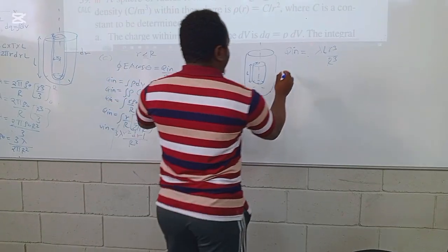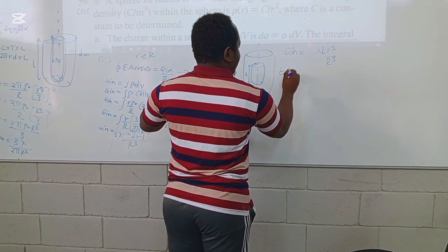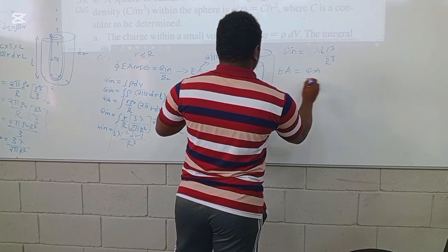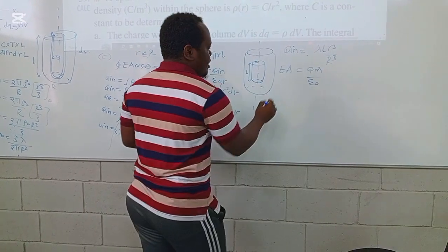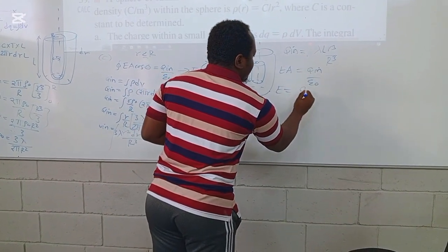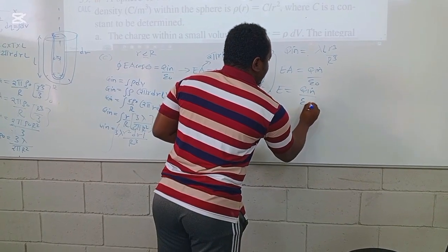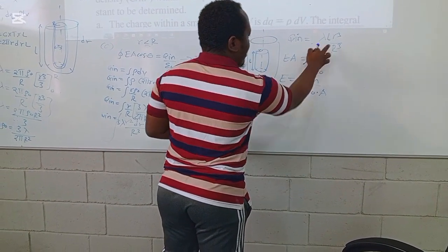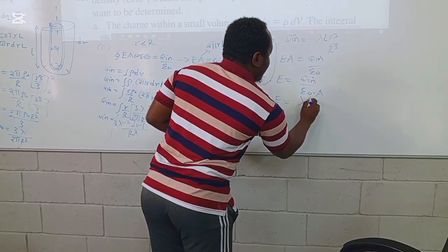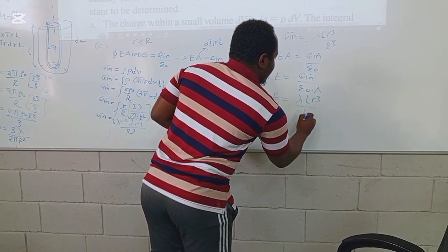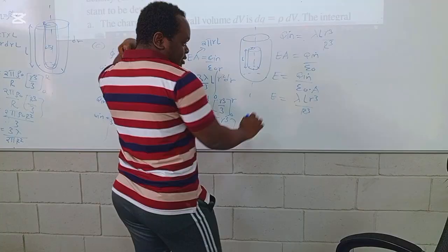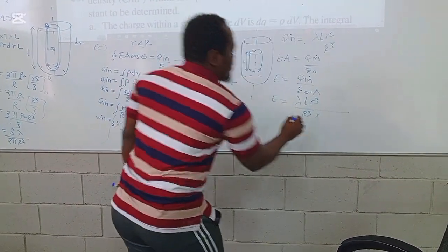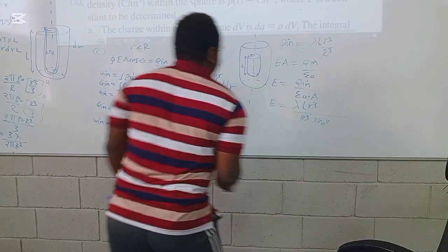From our equation of Gauss's law, electric field times area is equal to Q in divided by epsilon naught. So the electric field is equal to Q in over epsilon naught times area, where Q in we have now is lambda l r cube divided by R cube. Divided by epsilon naught times area.